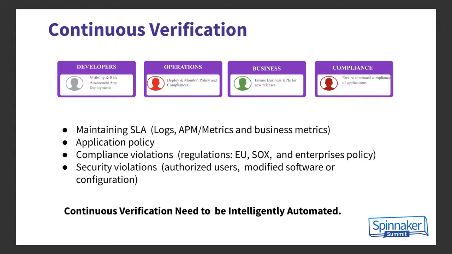For compliance violations, we should be able to check regulations like SOX compliance checks and EU zone issues, and there may be other enterprise policies like who can deploy, what they can deploy, when they can deploy, and who can approve. All of that has to be captured in this verification method. And then security violations: are there any modified behaviors of the software that just got released? Nobody is checking on it, and there should be a way to automatically verify these things as well.